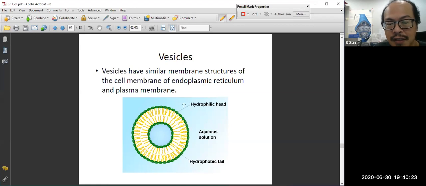So just a little, these vesicles, as we mentioned before, are basically the same material as the plasma membrane, the cell membrane. It has phospholipids around it, and basically the same membrane structure as the cell membrane, the endoplasmic reticulum, and the plasma membrane.